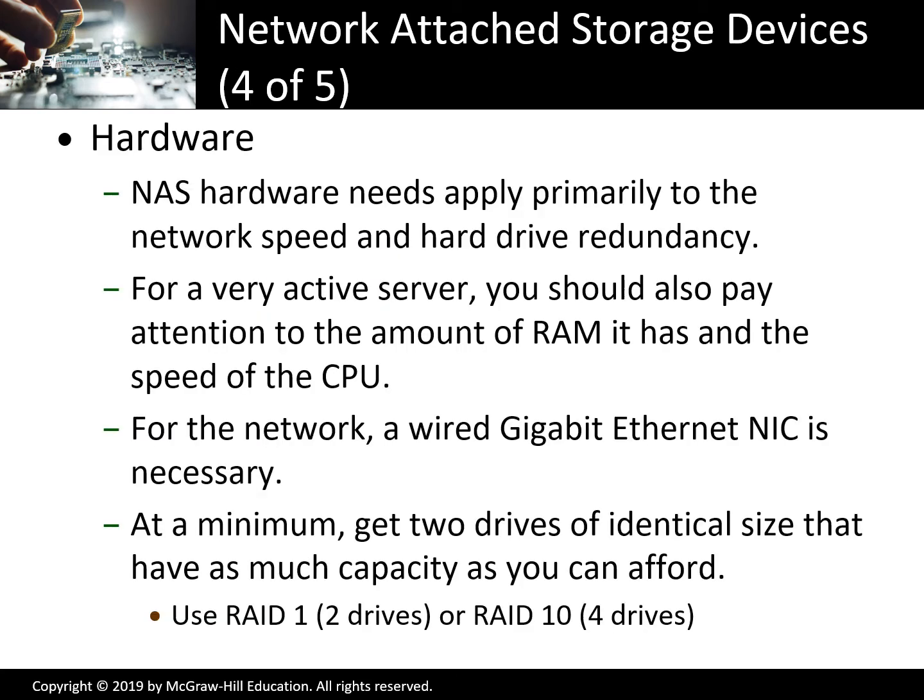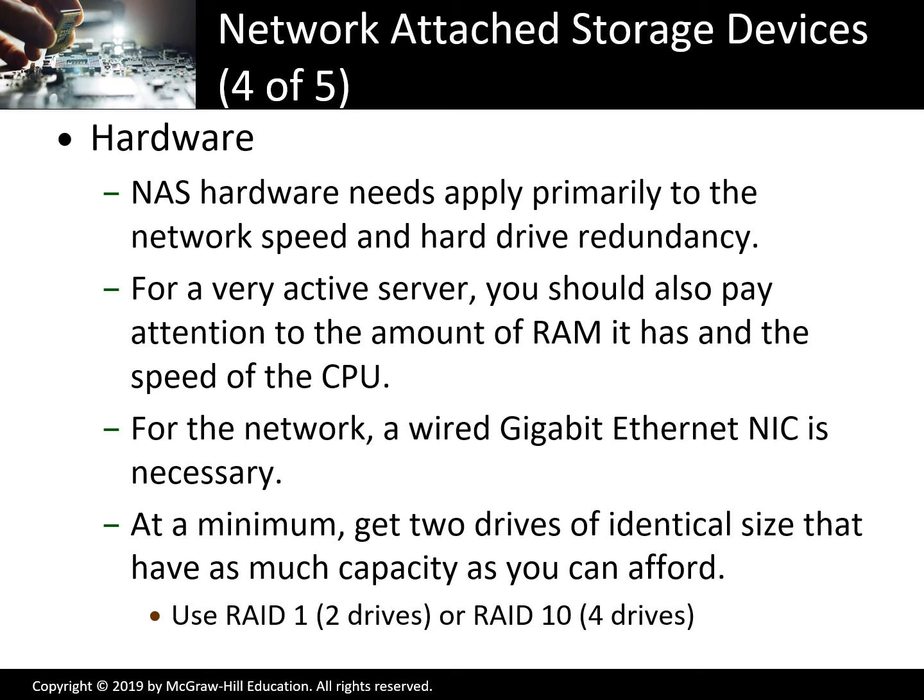And then hardware. Now, network attached storage. Okay, here the network attached storage hardware needs to apply primarily to the network speed and hard drive redundancy. So, for a large active server, you need to have a lot of RAM. Also, you're going to need a wired gigabit Ethernet NIC card, all right?